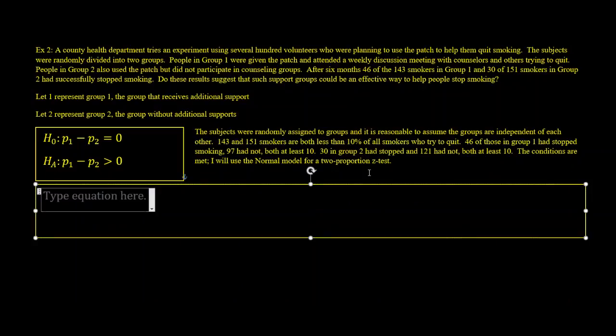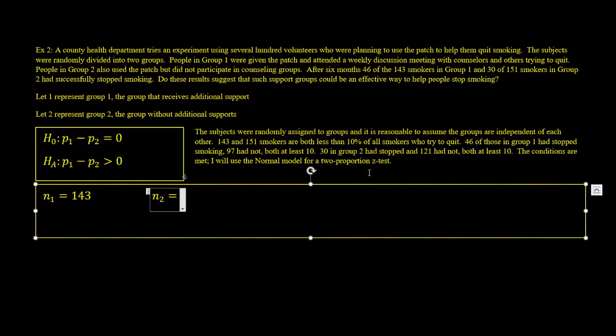So we just want to write some statistics out, then I'll show you how to do it on the calculator. n1, our sample size for Group 1, was 143. And the sample size of Group 2, n2, was 151.